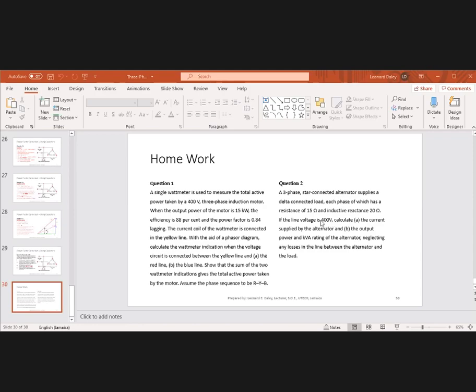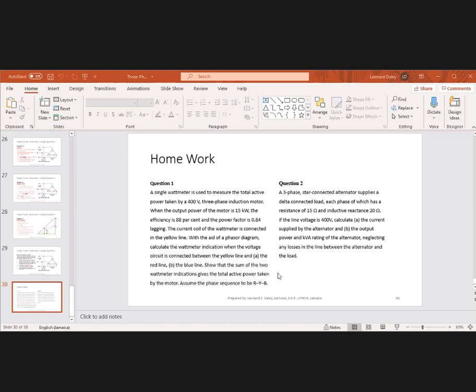All right, so the current supplied by the alternator would have been a line current, right? Since it's a star connected machine, the current on the lines would be a line current.